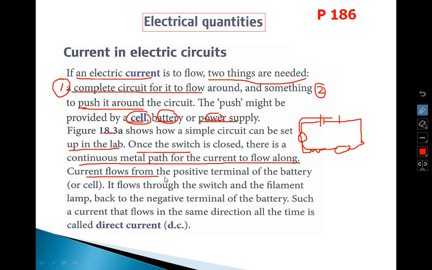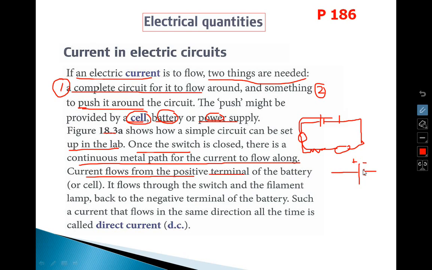Current flows, as we said before, from the positive terminal of the battery. It starts from the positive terminal. It's very important, don't be confused. The symbol for the battery is like this. The current will start moving from the positive part.